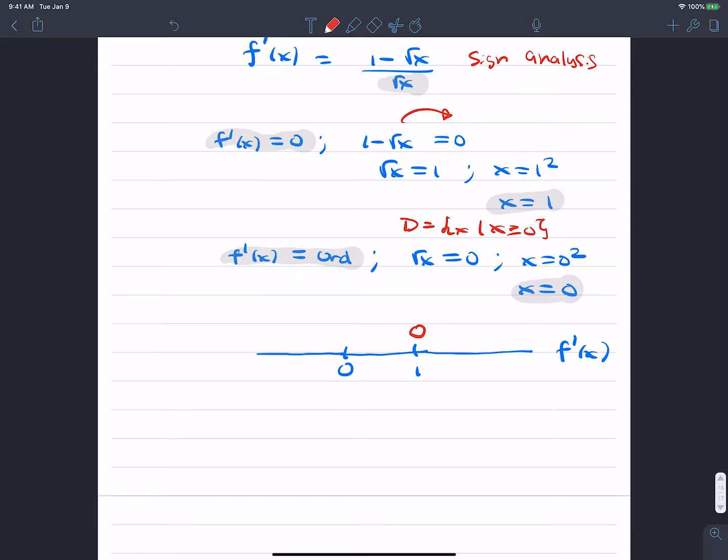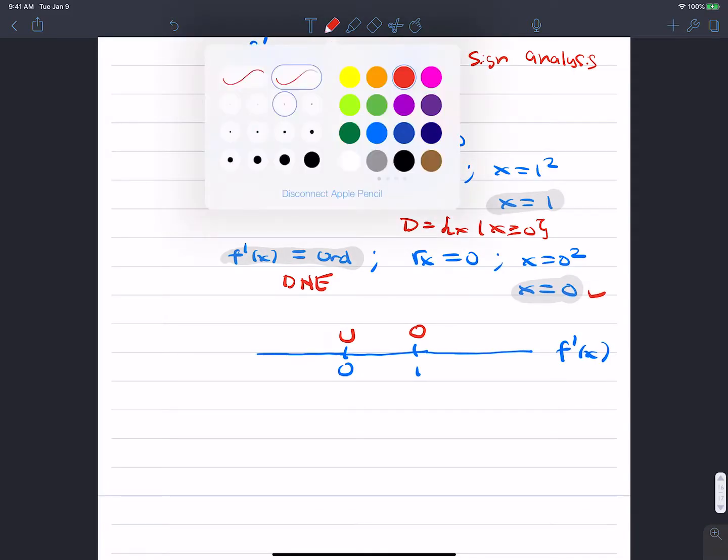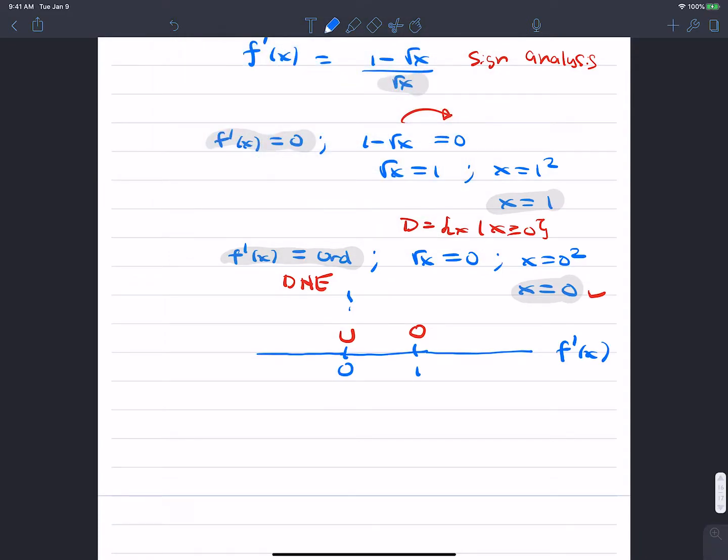When x is 0, it does not exist. Is that true? The derivative does not exist at 0. So when we create our regions for sign analysis now, we have to notate this. We have region 1, we got region 2, and we got region 3 again.